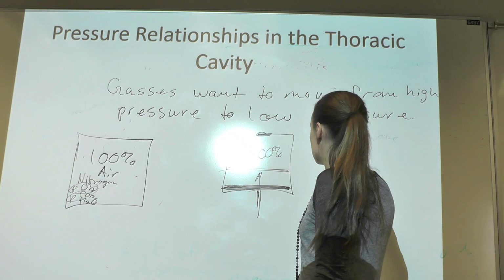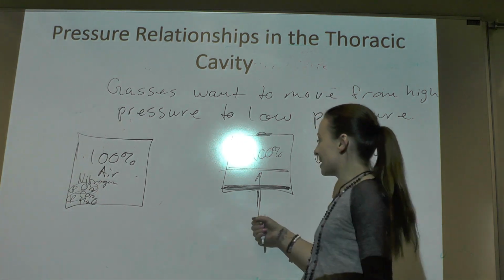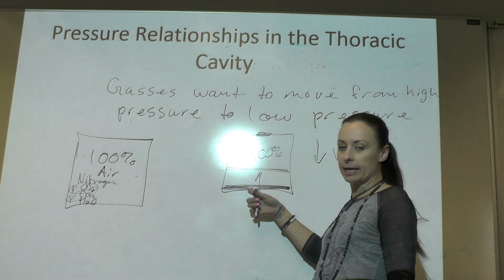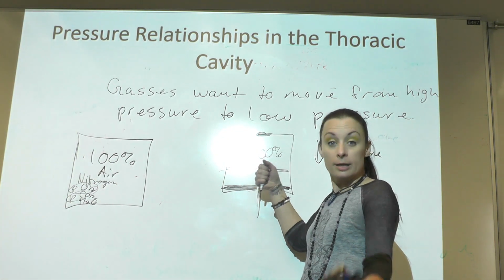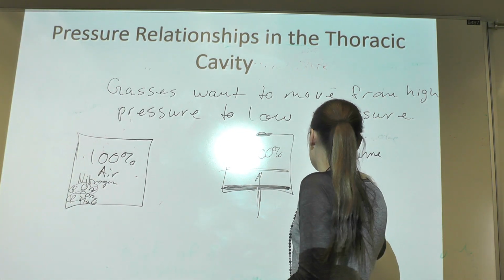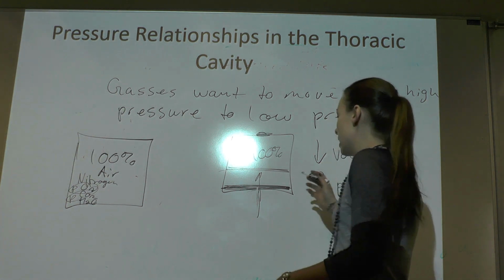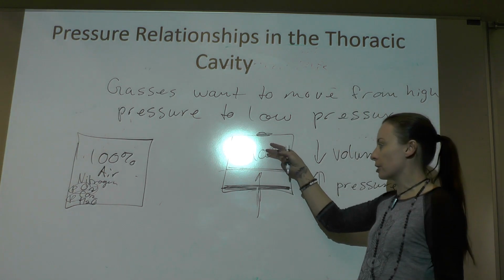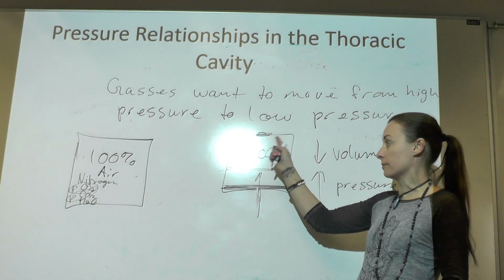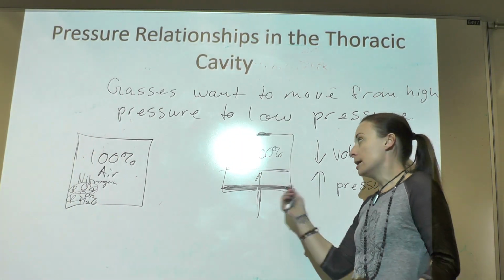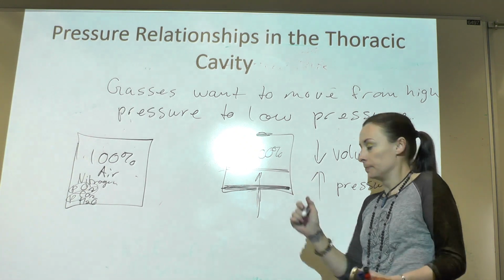What do you think that does to the pressure on this air? I'm not letting it out. It increases the pressure. So as I decrease the volume, I increase the pressure. Okay? And air wants to move from high to low pressure. So it's really high here, it's low out here. If this thing were open, it would want to go. It's not open, and I'm not opening it yet.